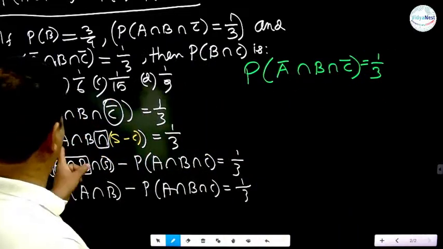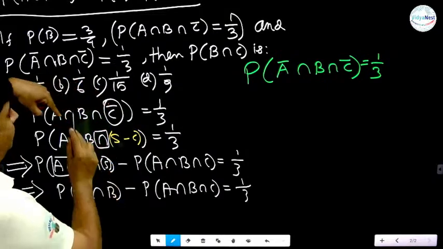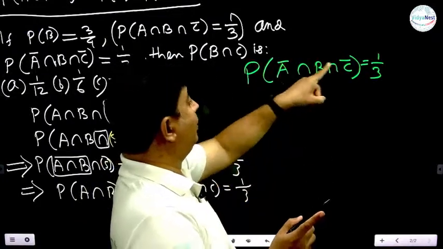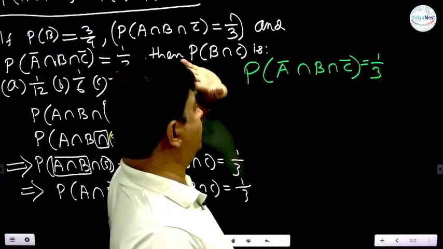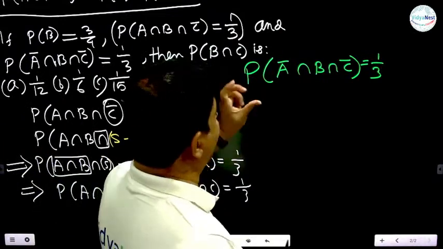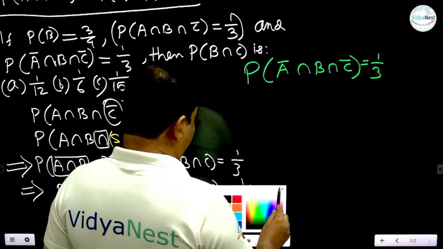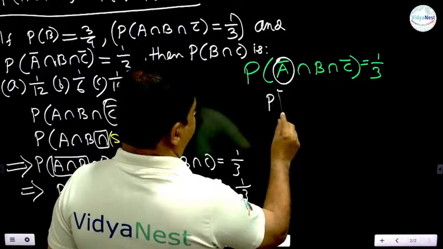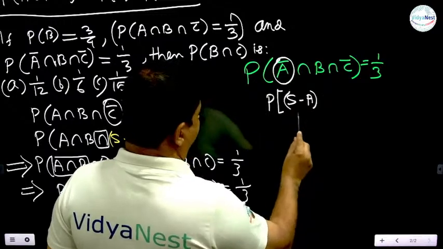In the previous case, the complement sign was placed only on C, but here I get complement in the probability function twice, on A and on the top of C. So here the universal set is to be used twice. First, this A complement is to be replaced by S minus A.